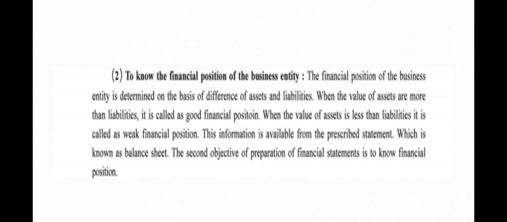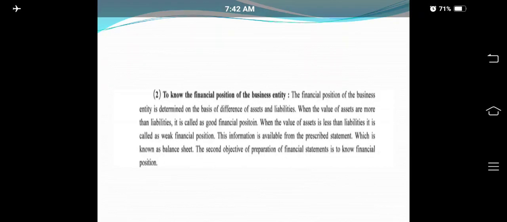Let us move to the third objective, which is to know the cash position of the business entity. To know the cash position, the business undertakes transactions of cash receipts and payments during the year.